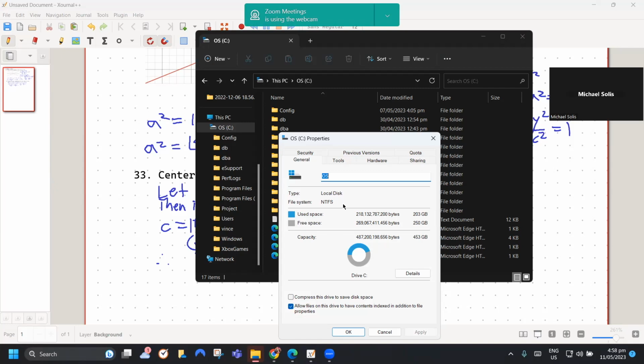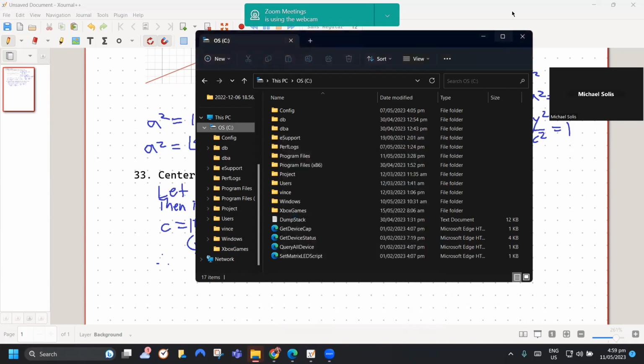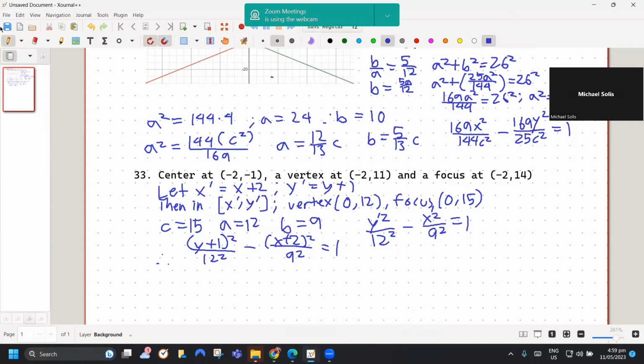Sorry pero hindi ko mabasa kasi maliit eh. Okay. Pero hindi pa naman puno yung drive, di ba? Hindi po. Okay, so I close muna and then check na kung ano nangyayari.